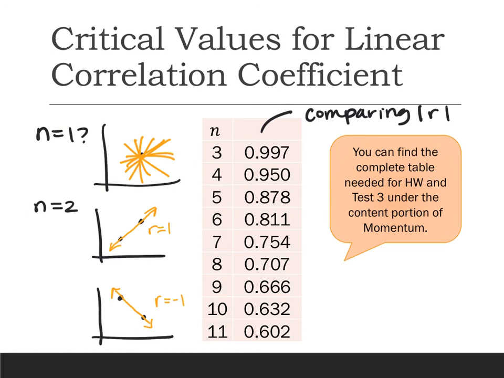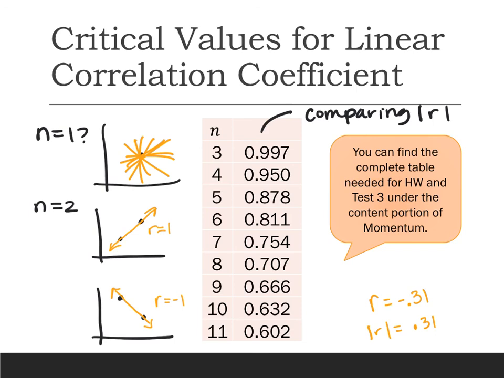So if we look back, what we just saw in my completely made up data was an R of negative 0.31-ish. So that R of a negative 0.31. And so I want to look at the absolute value of R, which of course is going to be 0.31.